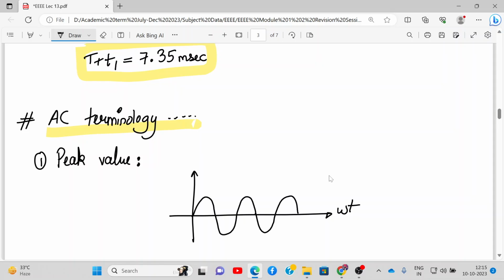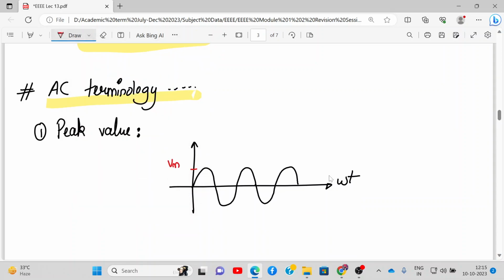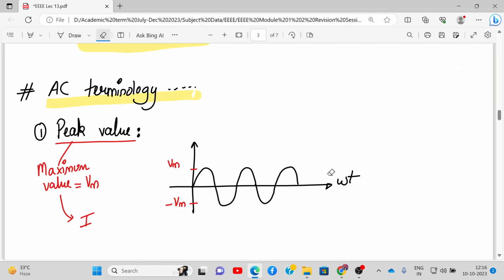Now what's the peak value? Over here, the positive peak value is Vm, and this is minus Vm. Peak value is also called the maximum value. For this case it is Vm, or in the negative half cycle, it is also Vm. Peak value or maximum value is represented by Vm if it is a voltage and Im if it is a current.